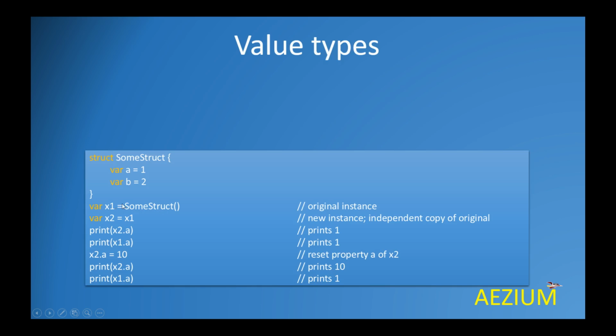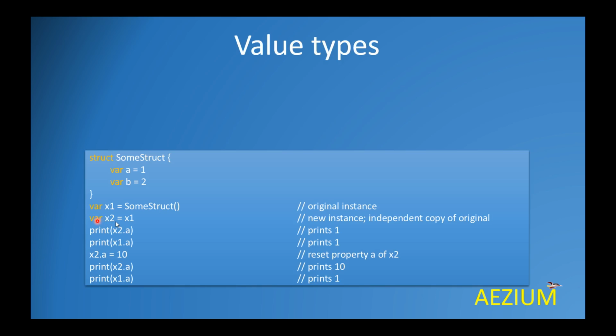That instance will have the same set of properties with the same values. So property a of x1 is going to have a value of 1, and property b of x1 will have a value of 2.